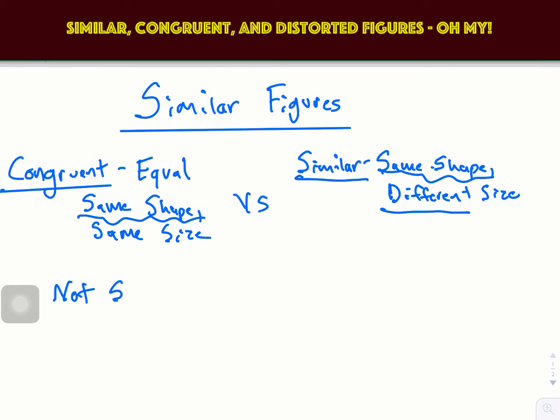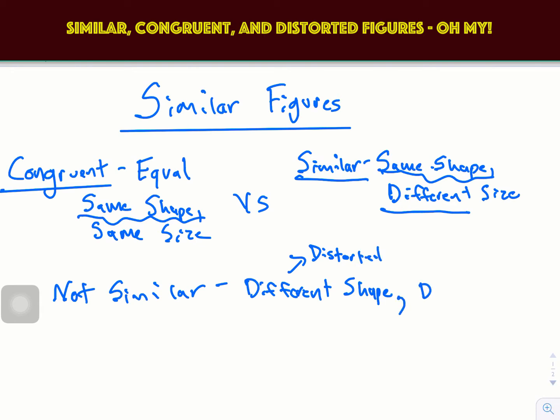Not similar would be its own category, and that is different shape, let's say distorted, meaning to have a different shape and different size.